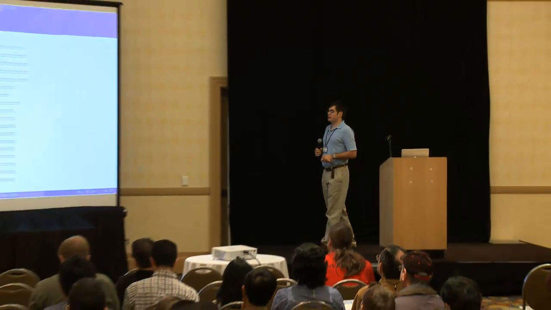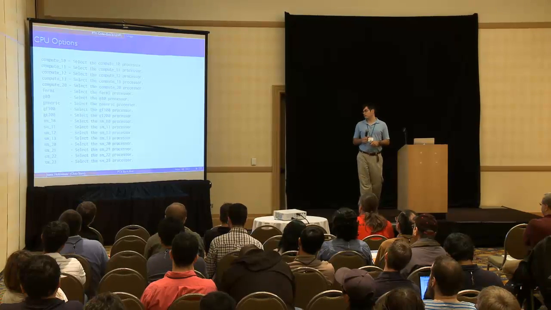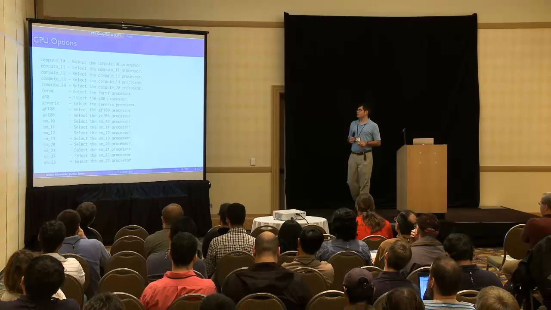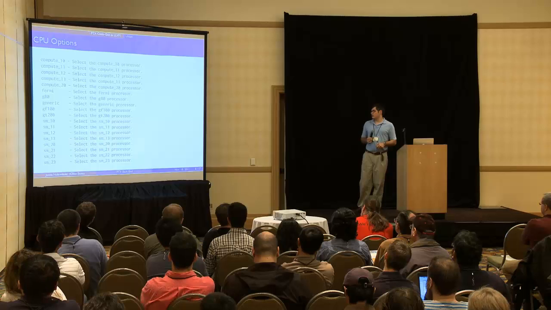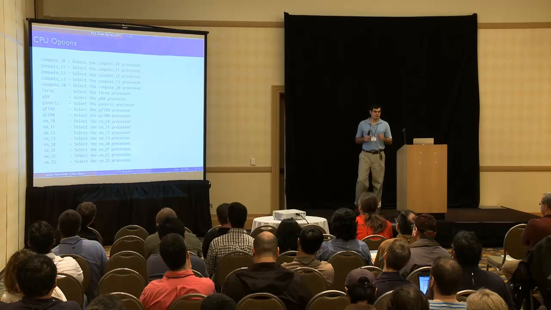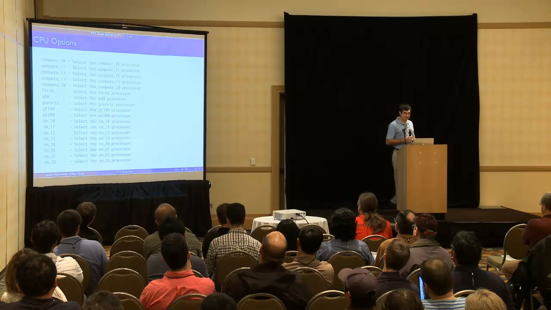In terms of the specific processors you can currently target in the PTX backend, we've defined targets for the different compute models. We've defined targets for the different shader models, as well as a couple definitions for specific NVIDIA processors.